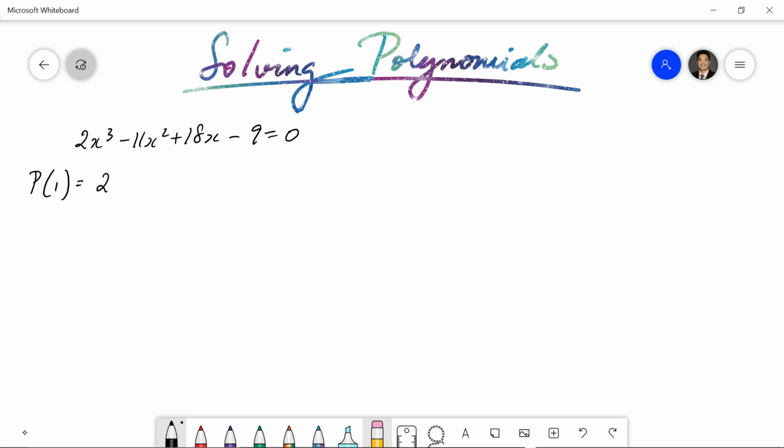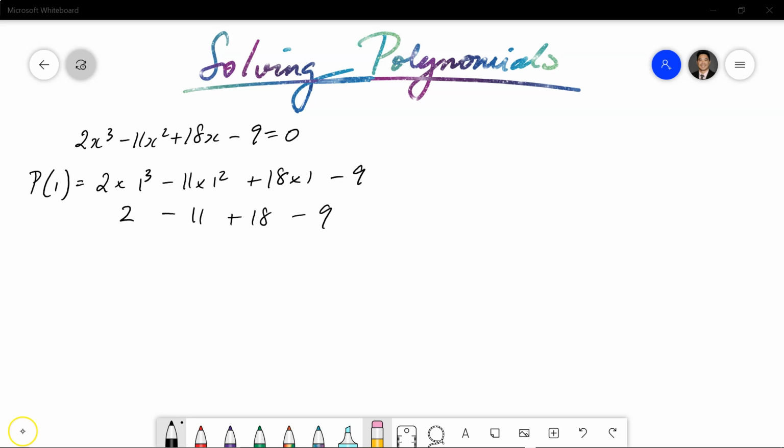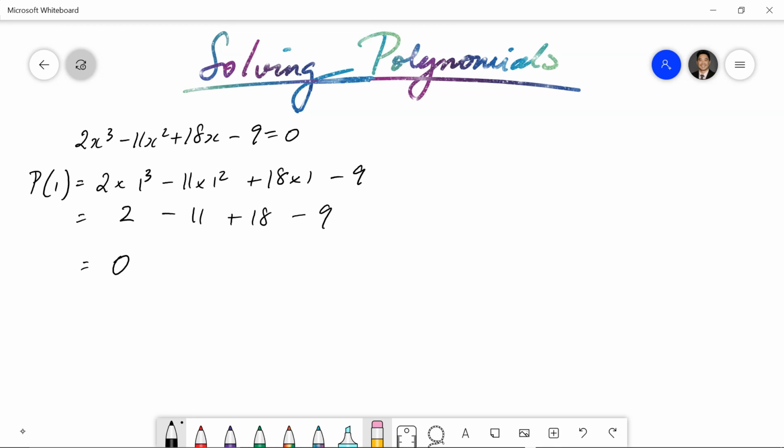We've got 2 times 1 cubed minus 11 times 1 squared plus 18 times 1 minus 9. That's 2, and then minus 11 plus 18 minus 9. 18 minus 9 is 9, and 2 minus 11 is minus 9. So we've got 0. Therefore, x minus 1 is a factor.